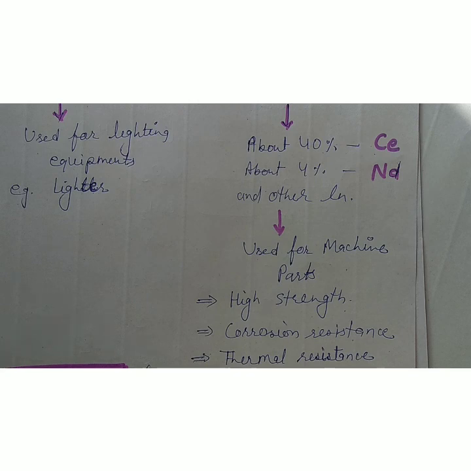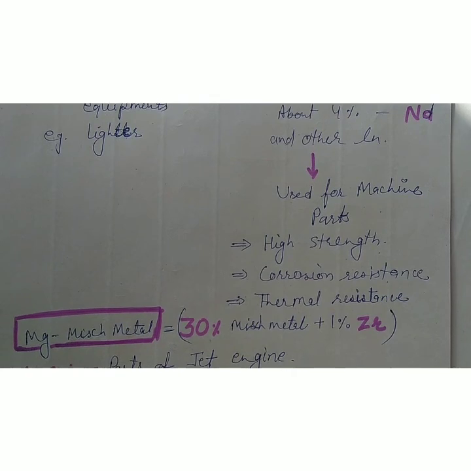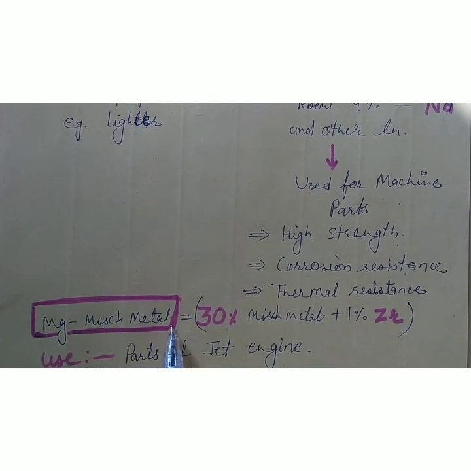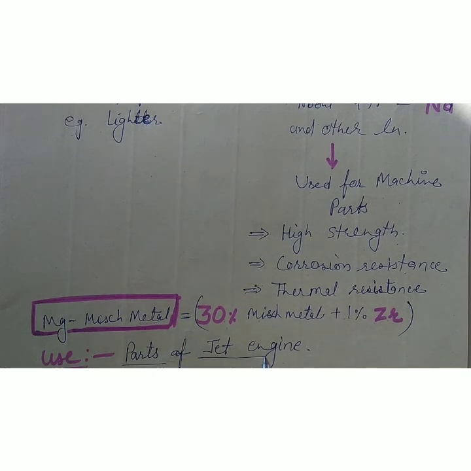A very important example, mostly asked in board exams, is magnesium misch metal. Magnesium misch metal means magnesium is mixed with misch metal. In this alloy, 30% is misch metal and 1% is zirconium, and the remaining part is magnesium. This is known as magnesium misch metal, and it is used to make parts of jet engines.